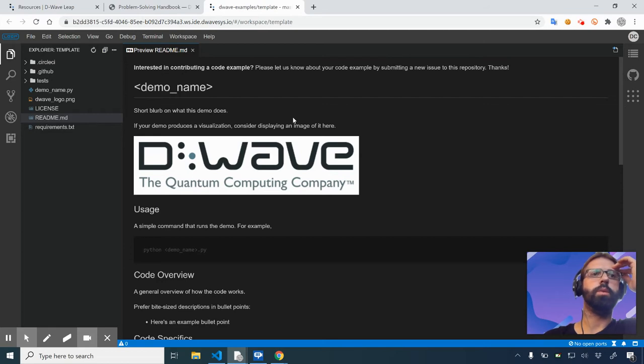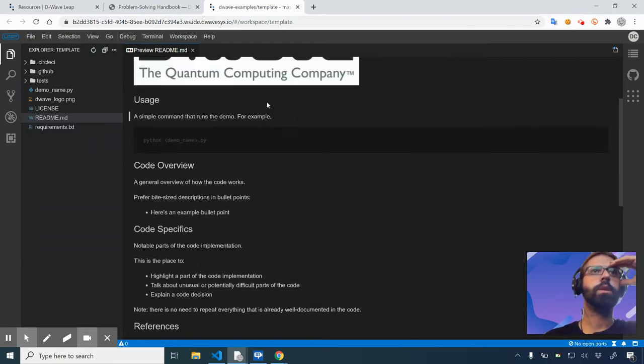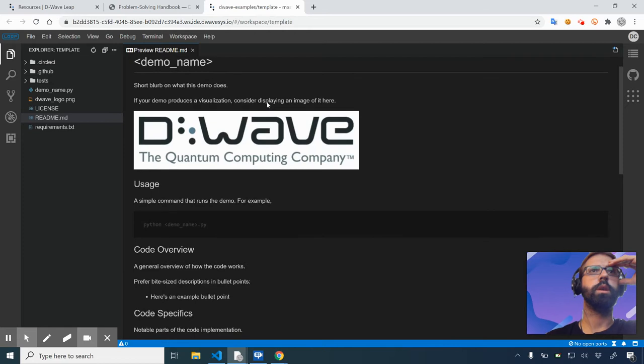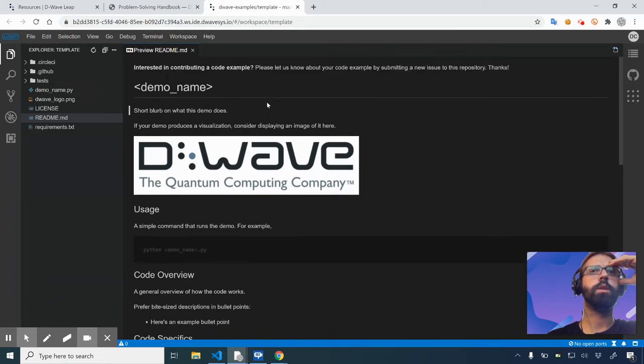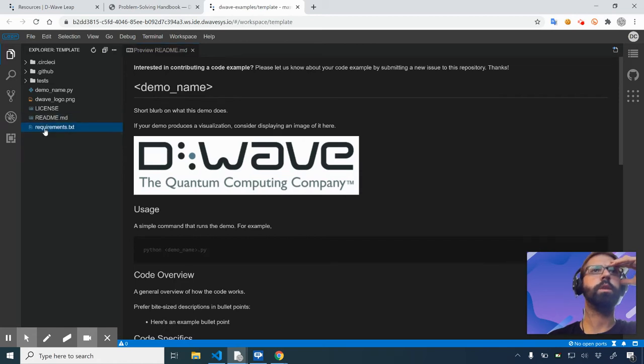Okay, this kind of looks like Visual Studio Code. If you're interested in contributing a code example, please let us know by submitting a new issue to this repository. Thanks. Okay, so this is a sample README file. So it's just dummy stuff.